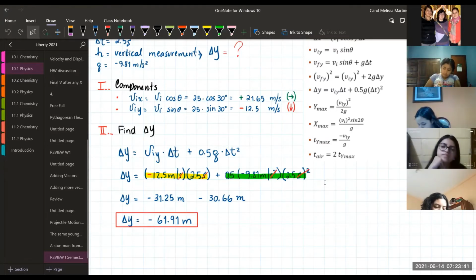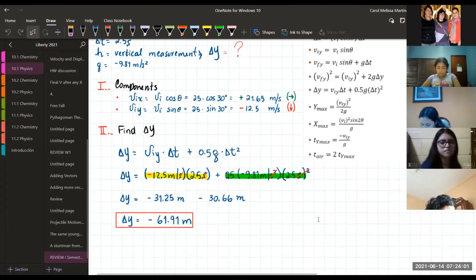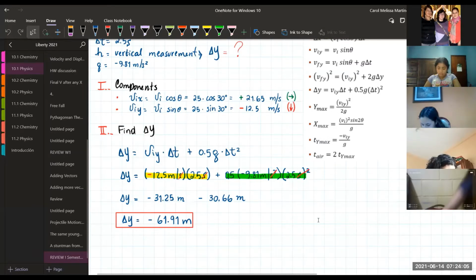Okay, now we need to analyze this answer, okay? Because you cannot say that a bridge has a height of negative 61.91 meters. That would be incorrect unless the bridge is underground, okay? So what we can say is that the negative indicates, that's just the analysis, okay? In the end, you're just going to write a sentence.